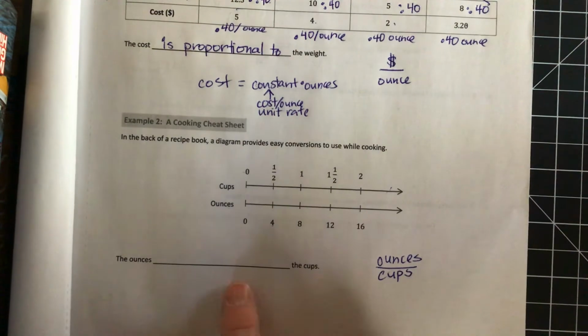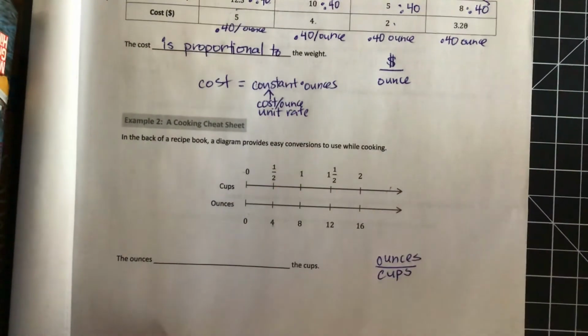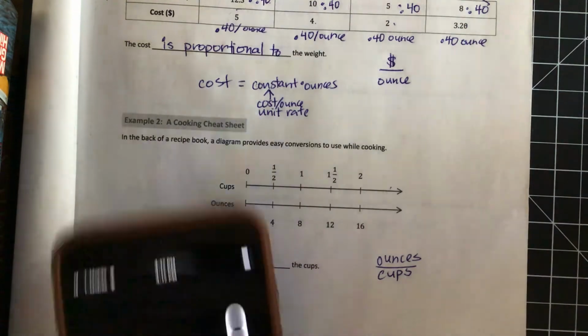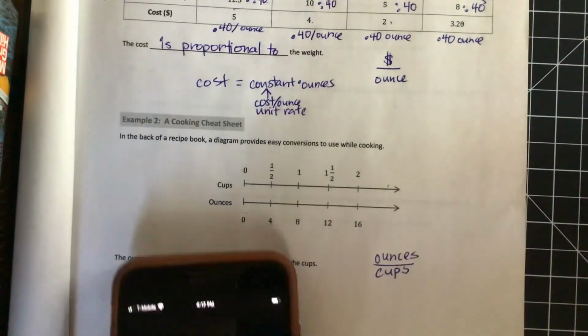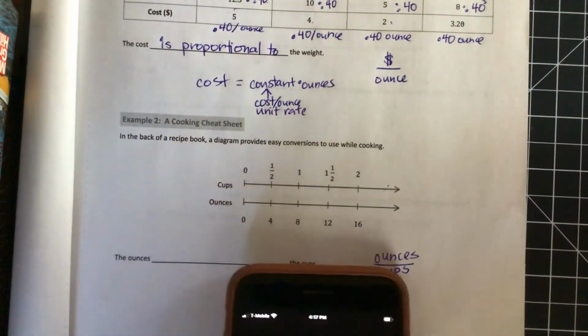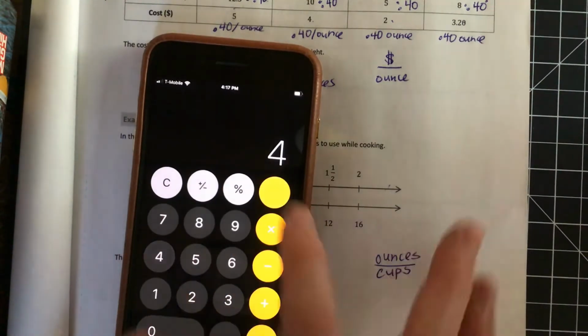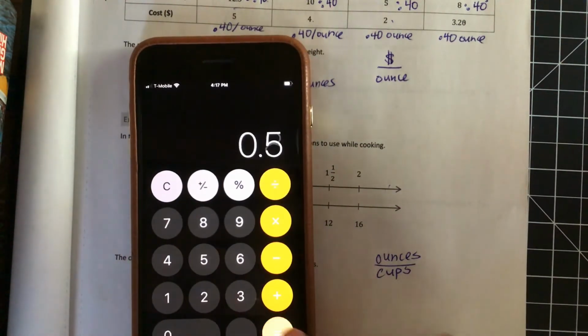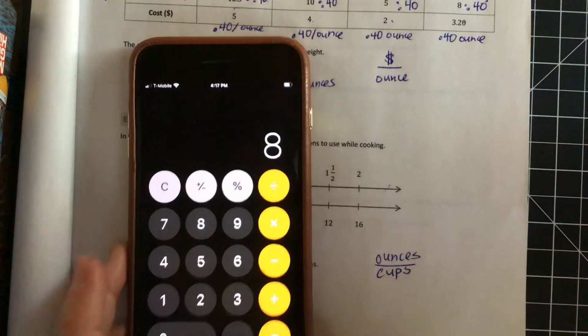Okay, and so ounces to cups, you can use a calculator to figure this out, because this is not just a calculation. I could just put in the ounces, but I'd rather you see it. So let's see, 4 divided by a half, and a half is equal to 0.5, so that's 8.